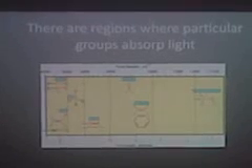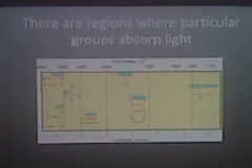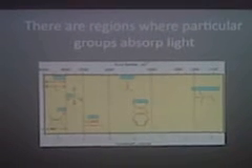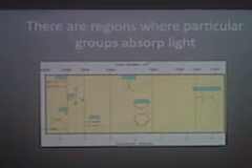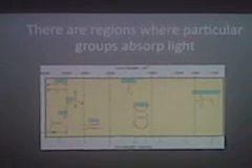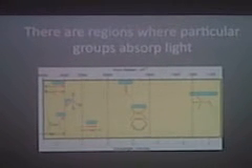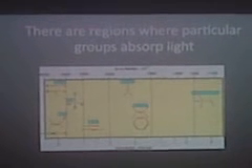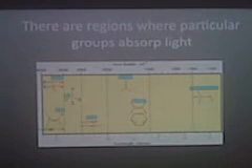As you see, benzene, alkenes, and carbonyls typically absorb infrared radiation between 2,000 and 1,500 wave numbers. Similarly, between 4,000 and 3,000 wave numbers, you have alcohols, amines, triple bonds, carbon triple bonds, and carbon double bonds.